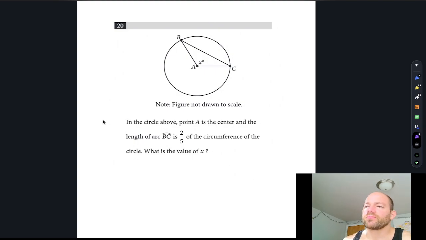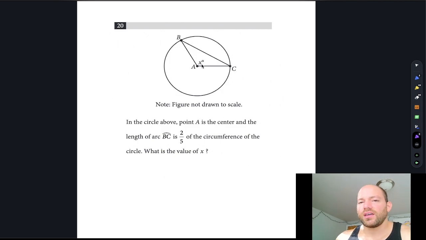So remember what we've been saying, right? That this piece of the circle, this part of the whole, is a fraction of the circle. And that fraction is consistent no matter how we measure the circle, right? This arc length BC is some fraction over the circumference. And actually, they tell us in this question that it's 2/5 of the circumference. So that means that the area of this sector, ABC, is 2/5 of the area of the circle.